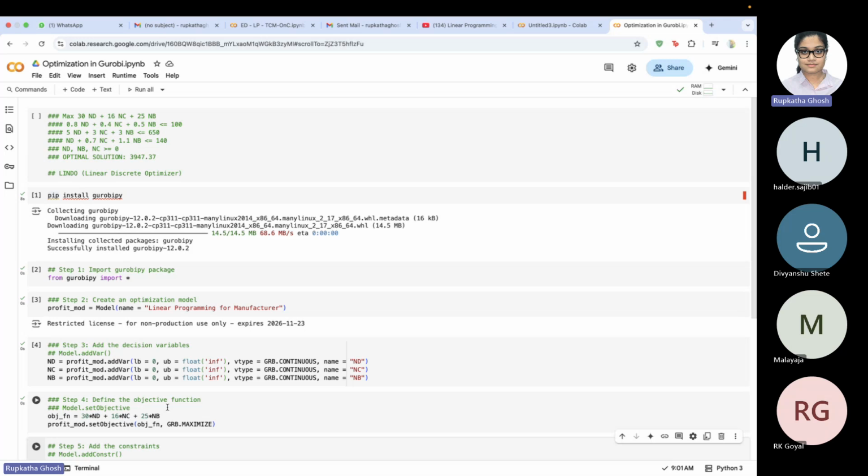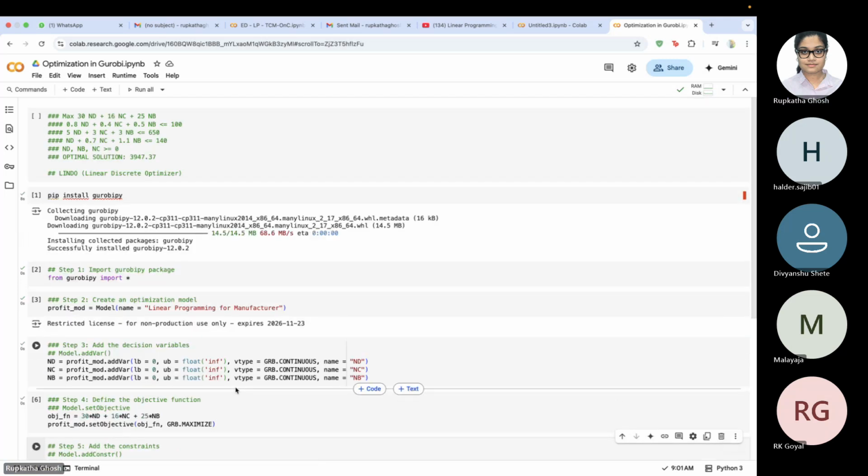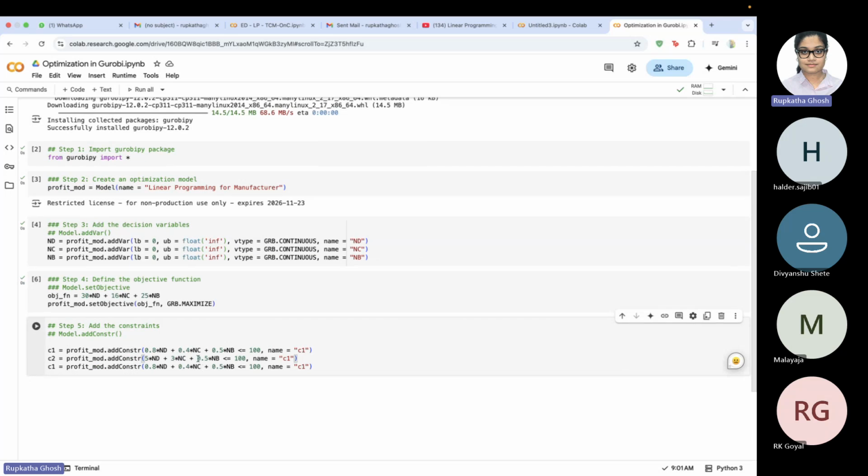Here it was 5 ND plus 3 NC plus 3 NB less than or equal to 650, and your constraint name is C2.